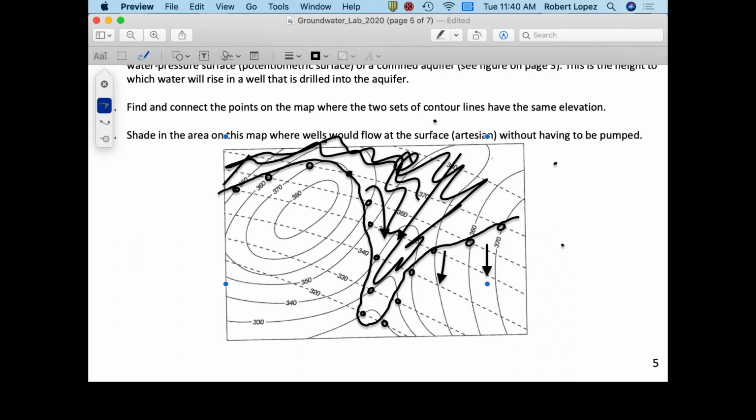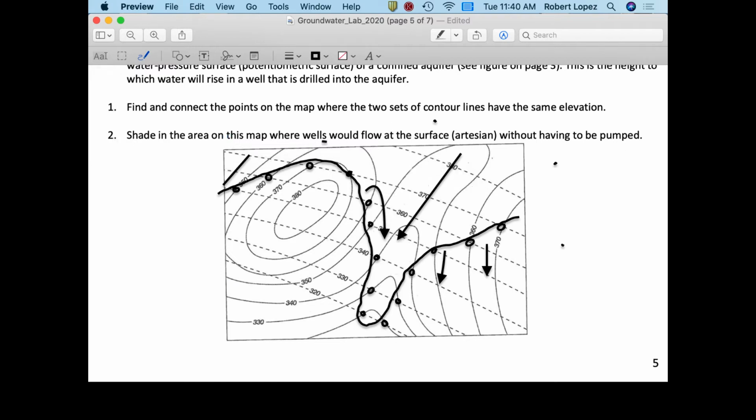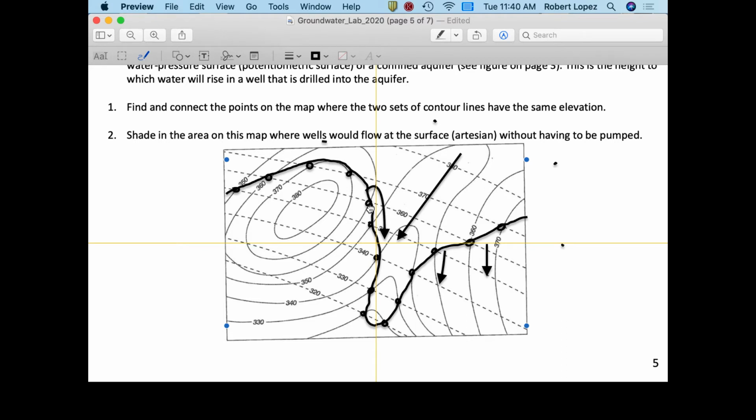It's a little confusing because of the topography here. We have this hilltop here on the left and a valley, then another hilltop. But the key thing to do here is make sure you have this line drawn and make it match there. That's where you're seeing the water table intersecting the ground surface, and that's where you're going to see the flow.